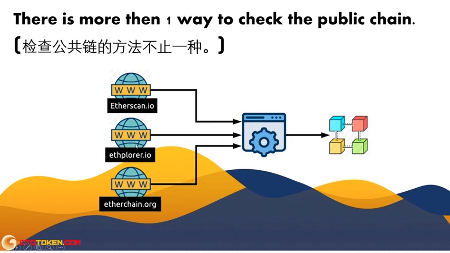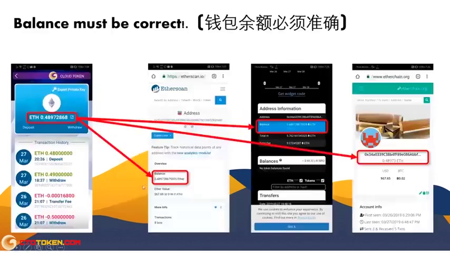Let's use Etherscan as an example. Etherscan reads from the public blockchain and displays the actual data. Same with ETH Explorer and Etherchain.